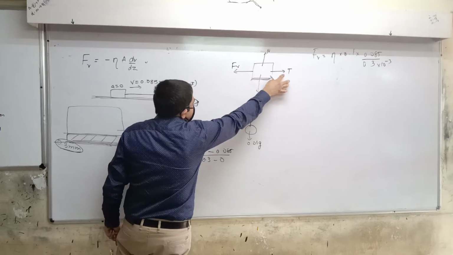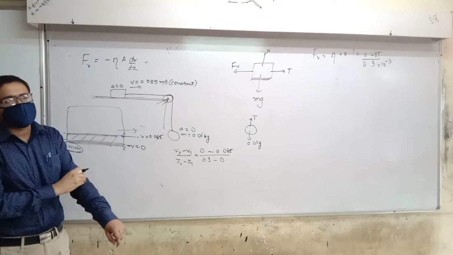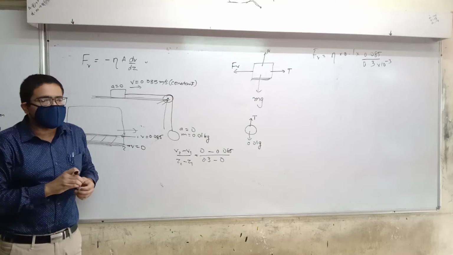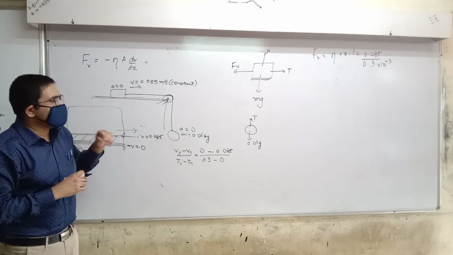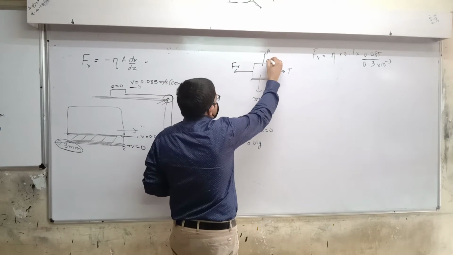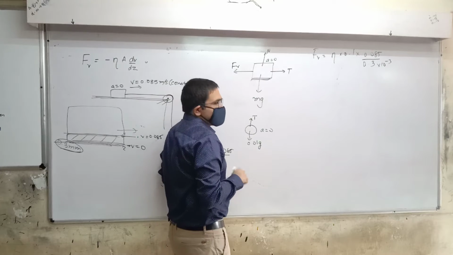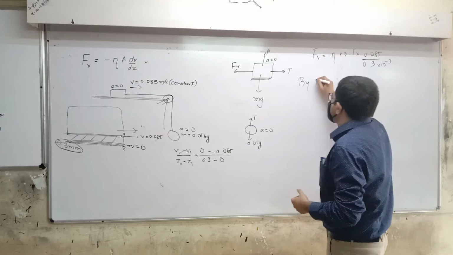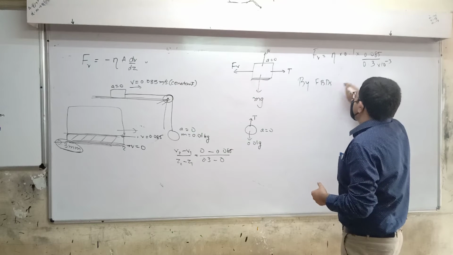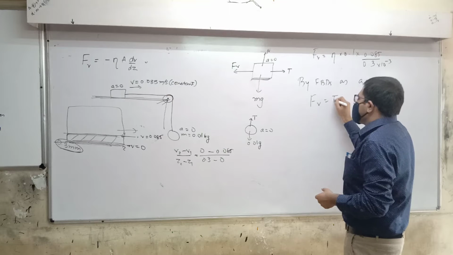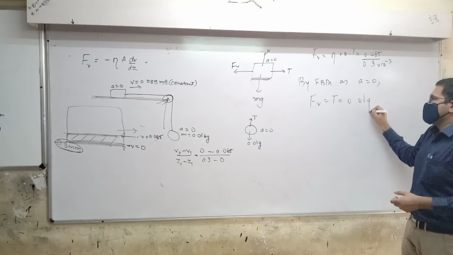Is this T and that T the same? Is both F the same or not? Yes. So because this has 0 acceleration and this also has 0 acceleration, we can find it, isn't it? So by FBD, using a equal to 0, Fv is equal to T is equal to 0.01 g. Yes or no?